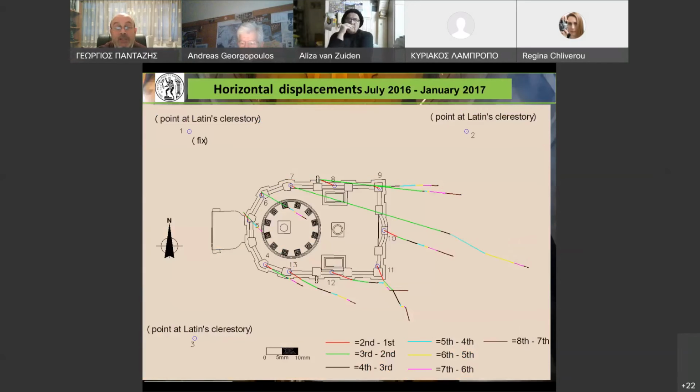About some results of these different periods, in this diagram we can see the vectors of the displacements for each one of the 10 points at the Holy Edicule during this period of rehabilitation works, which is very important.